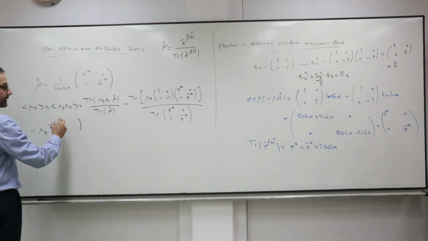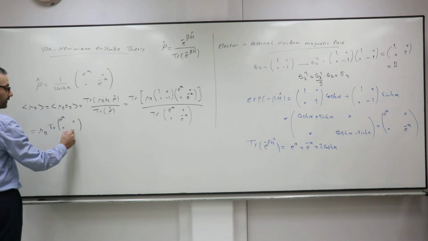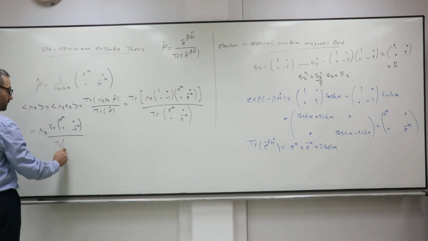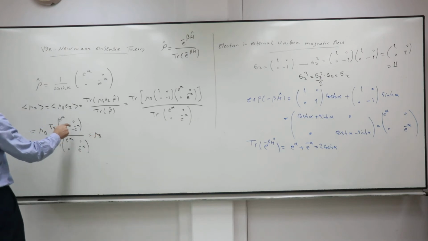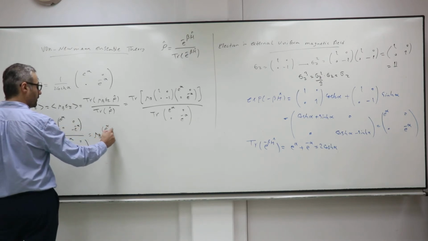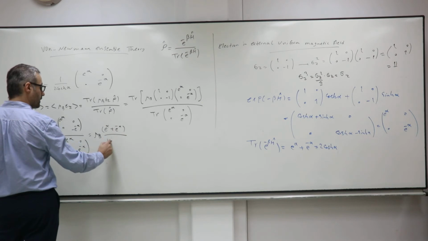If you multiply these two matrices with E alpha, 0, 0, minus E alpha, and here you have the trace, E alpha, 0, 0, E minus alpha. And look at that, what we find. What is the trace of this? E alpha, E minus alpha. E alpha minus.